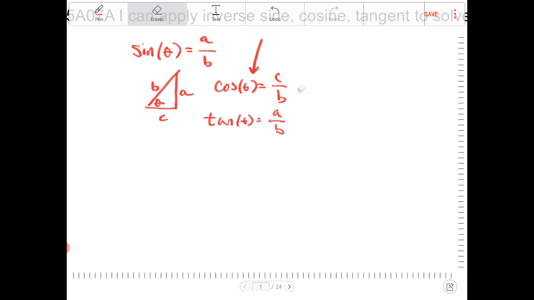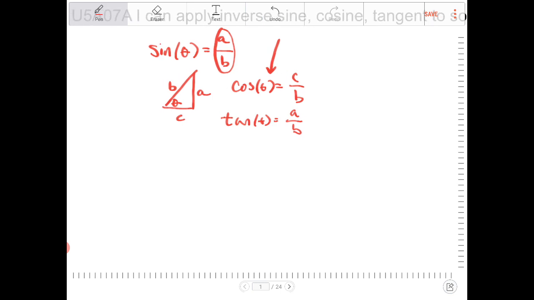If you know the specific ratio of opposite to hypotenuse, we can determine what that angle is. Similarly, if we know the specific ratio of the adjacent side to the hypotenuse, we can determine the angle. And lastly, if we know the ratio between the opposite and adjacent side, we can figure out that angle.